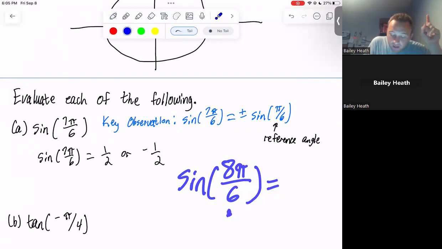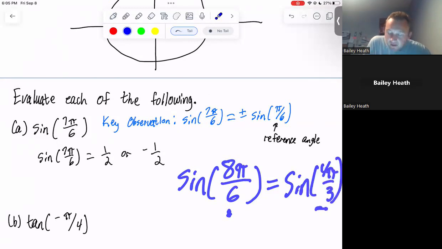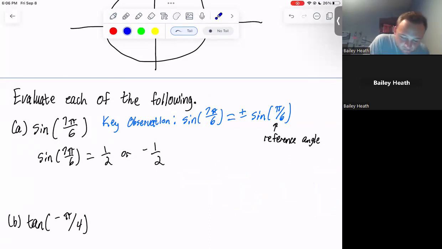But notice that I can rewrite this. 8 pi over 6 is not simplified. That's sine of 4 pi over 3. So you do have to simplify it first. You have to make sure that your fraction is simplified, right? This pi over 6 becomes a pi over 3 whenever we simplify. But besides that, this is the strategy that you use.